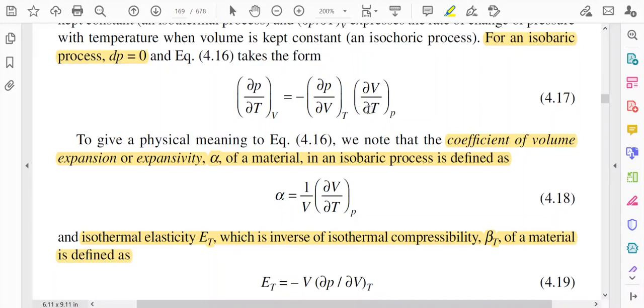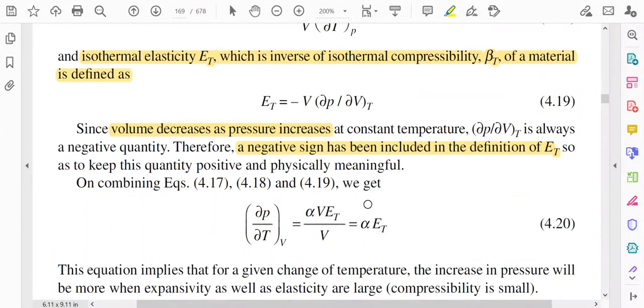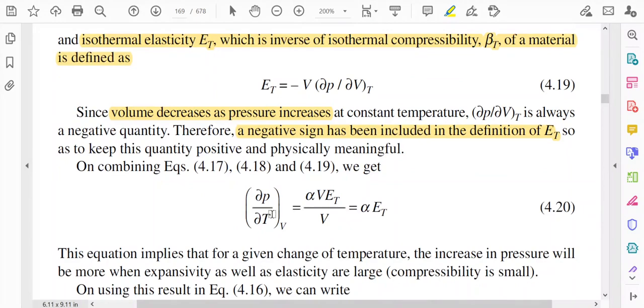So after some algebraic rearrangement of equation 4.17, we are writing del P by del T by incorporating alpha and ET. So del P by del T becomes ultimately alpha into ET.